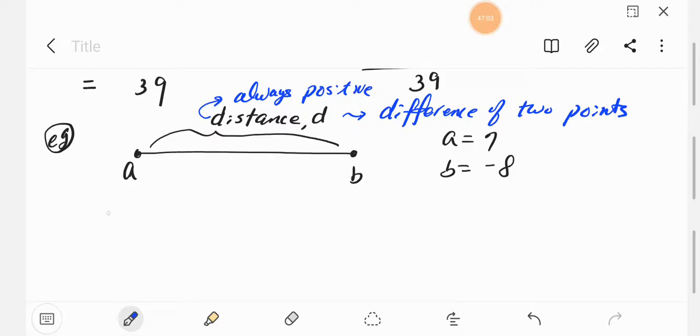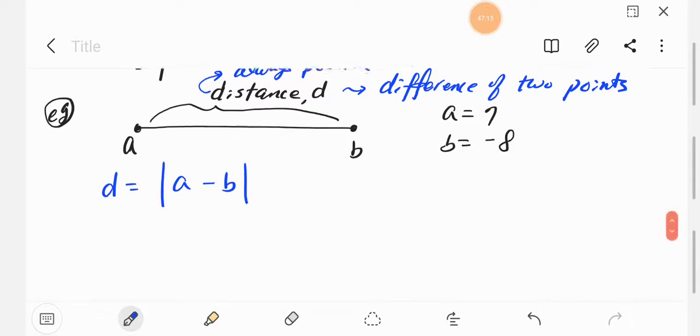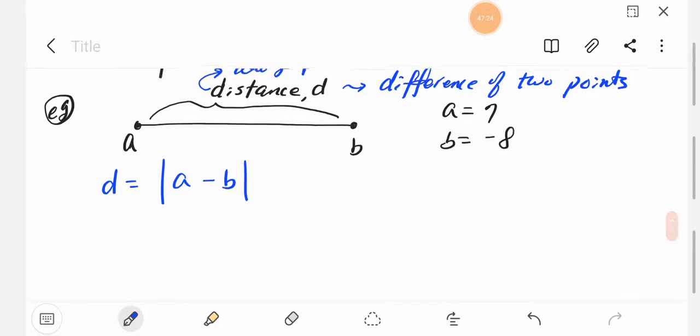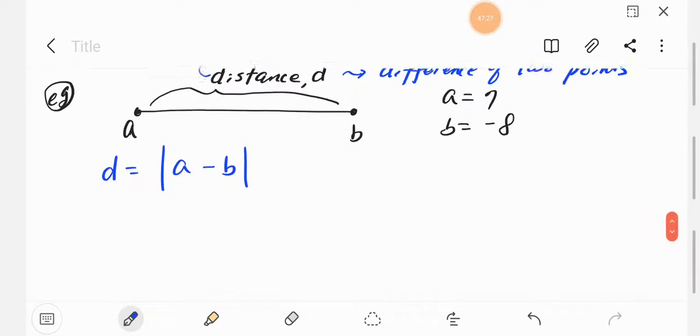So the difference D can be written as A minus B, right? But the distance is always positive, so we can make it absolute value. No matter what the values of A and B are, we subtract these two numbers and then make it positive. That's the distance. So distance is always positive.